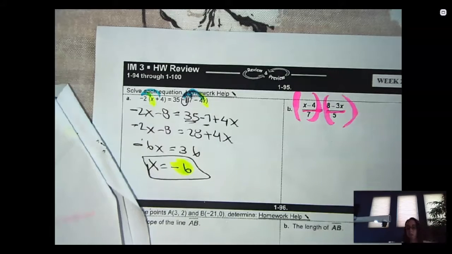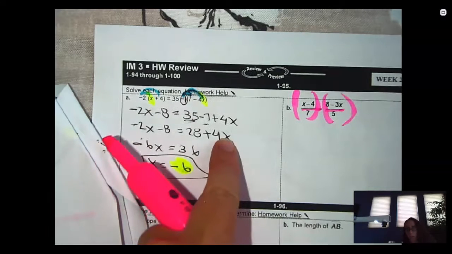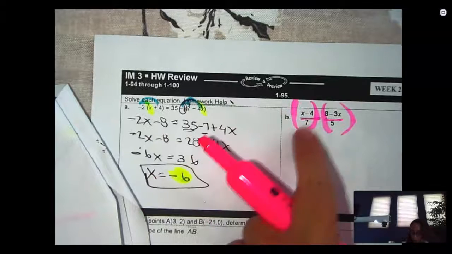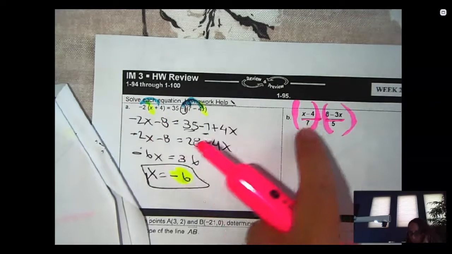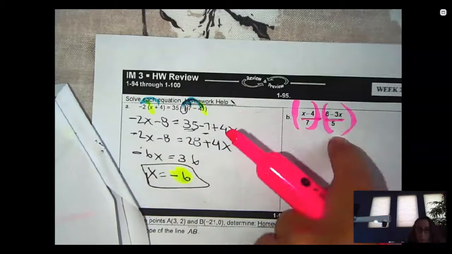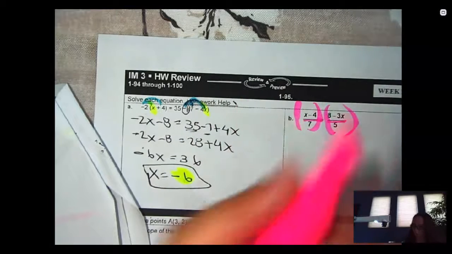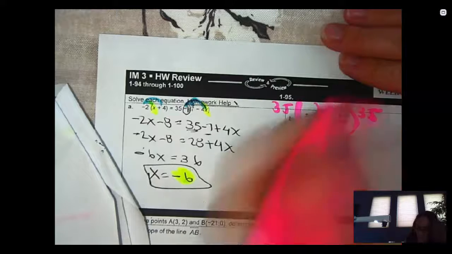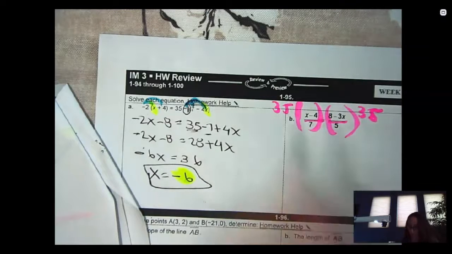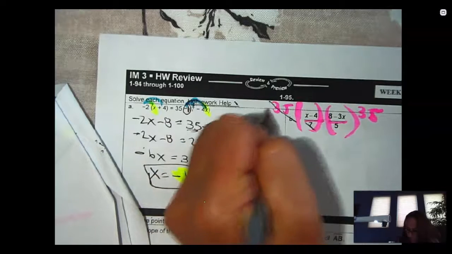So how do I get rid of things? Well, how did you move the 4x? You did the opposite. So how would you get rid of the divided by 7? Well, multiply by 7. Well, if I'm going to multiply by 7 and I'm going to multiply by 5, why don't I just multiply by 35? And then 35 goes into 7 5 times.